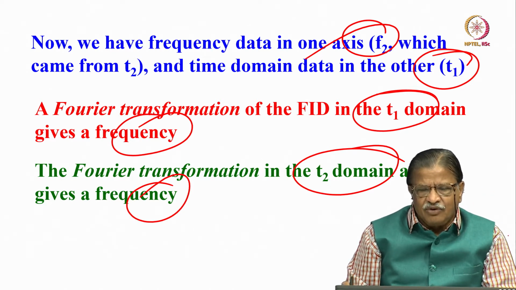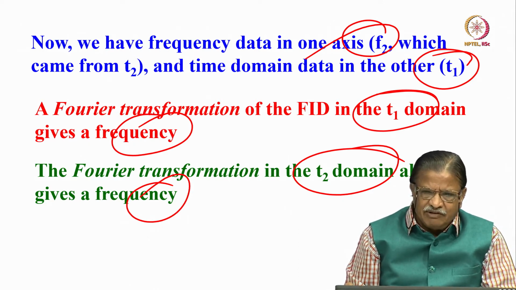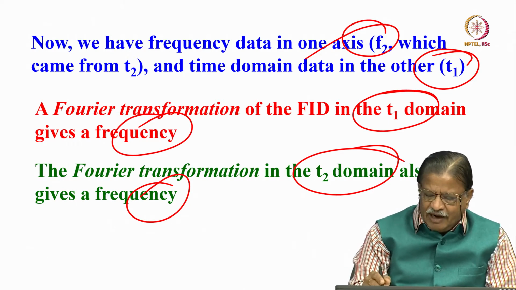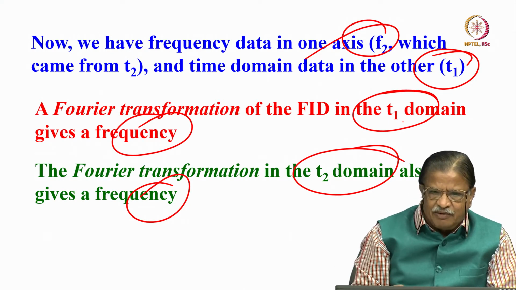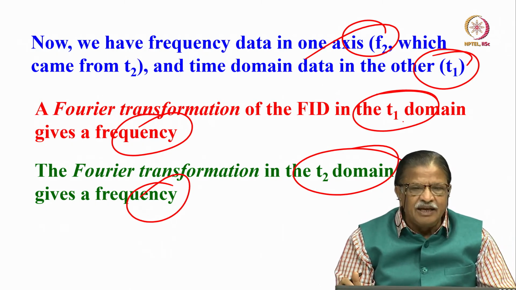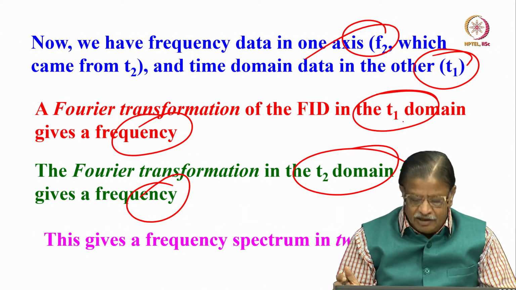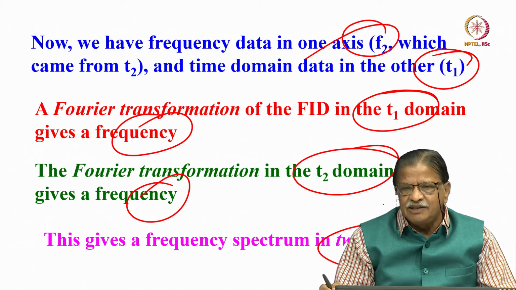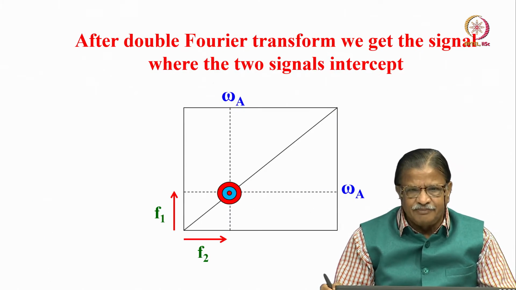Okay. So we have two things. I have time domain data both in the T1 period and the T2 period. Do the Fourier transformation of one time domain, you will get one frequency domain spectrum. Do the double Fourier transformation in both dimensions, you get a frequency spectrum in both dimensions.